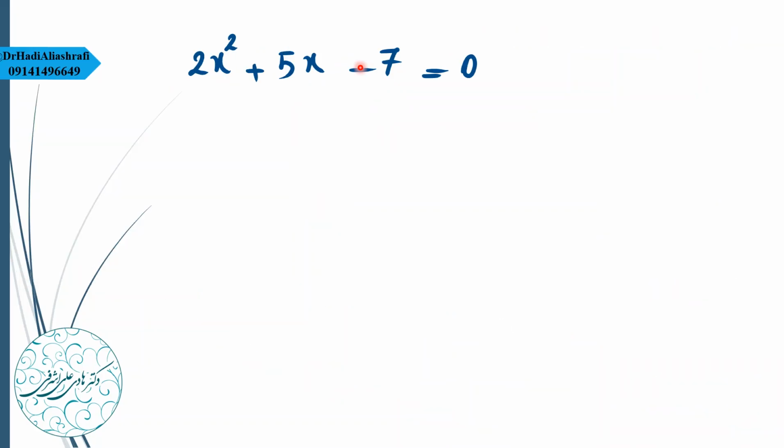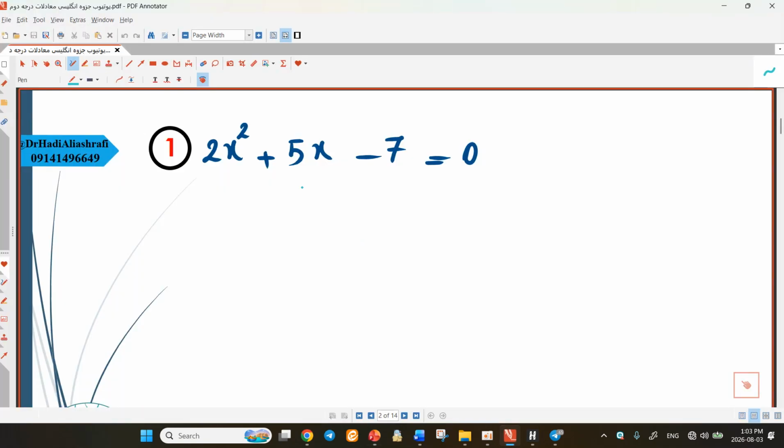Let's solve the first example. In this case, we should distinguish the a, b, and c of the quadratic equation. Okay. A is equal to 2. B is 5.